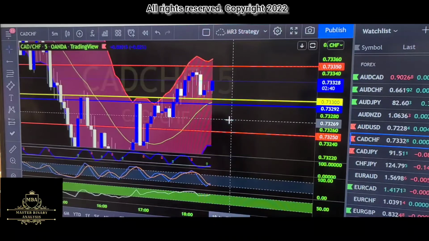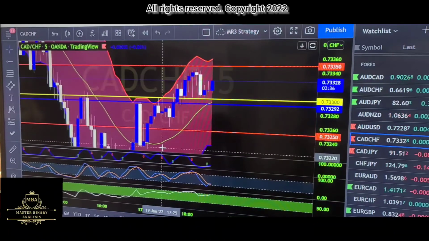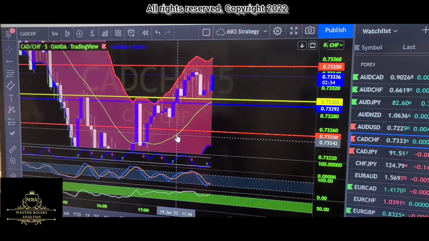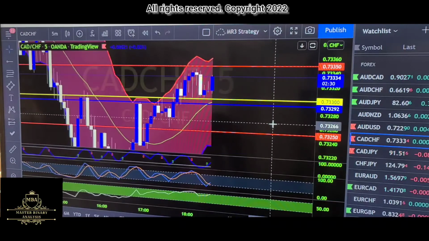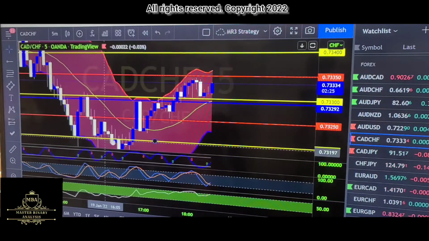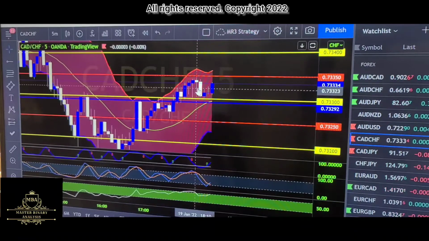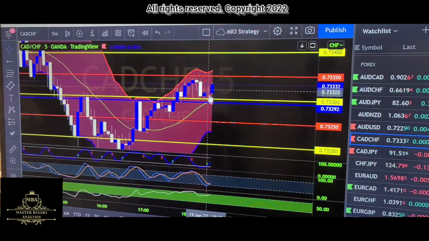It's just the middle of the Bollinger Band. And most times when it gets to that point, it's either going to respect it and drop, or it's just going to blow past it. Well, as I could tell, for the last couple of hours, the Canadian has been stronger than the Swiss franc. So I'm looking for possible areas to go up.